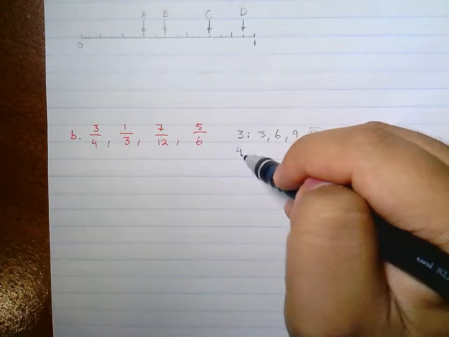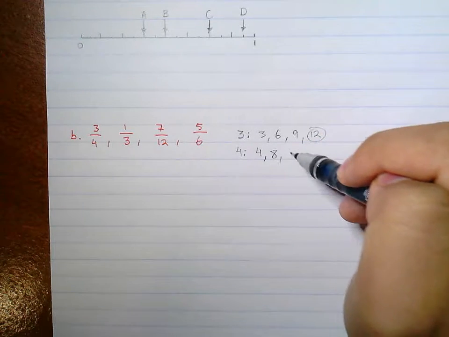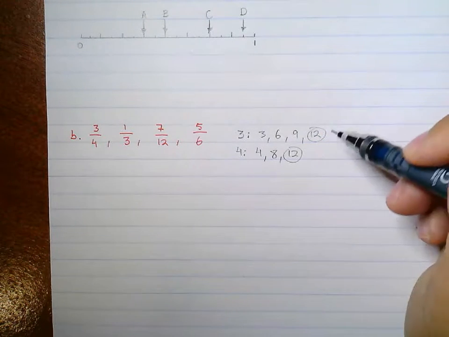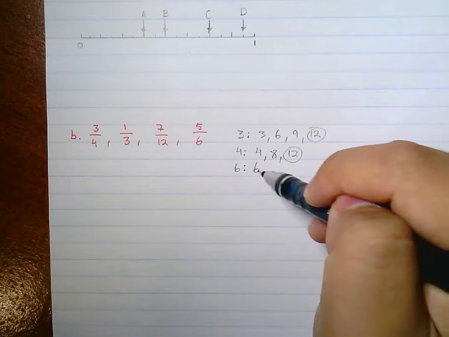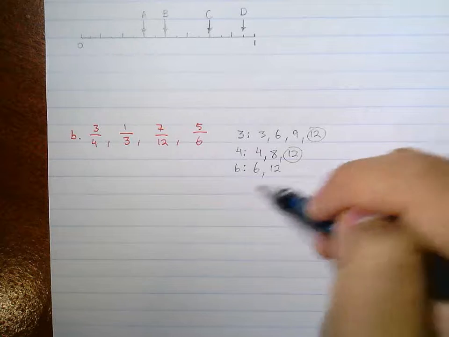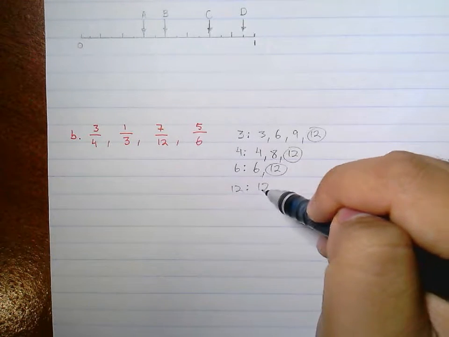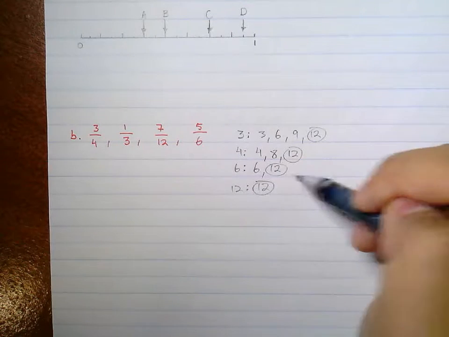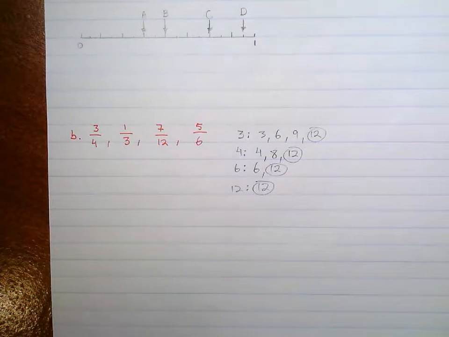Let's try 4: 8, 12. I'm beginning to think 12 may just be our number. 6: 12, there it is again, and of course 12. So 12 is going to be our lowest common multiple.